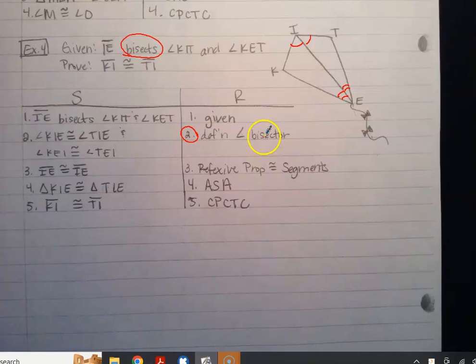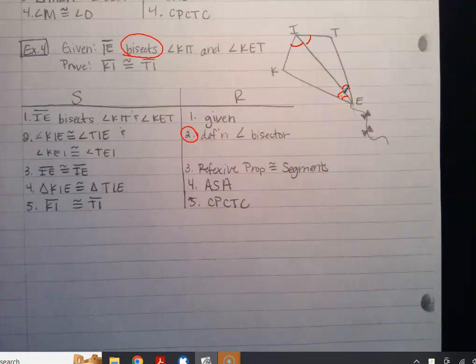The definition of an angle bisector means that angle KIE is congruent to angle TIE, and angle KEI is congruent to angle TEI. Because we know an angle bisector cuts the angle into two congruent angles. So now we've got two angles that are congruent.